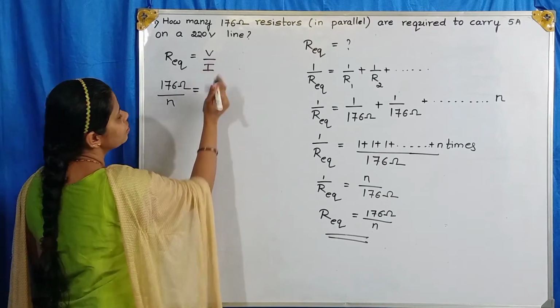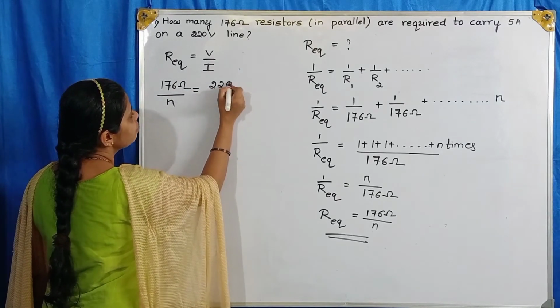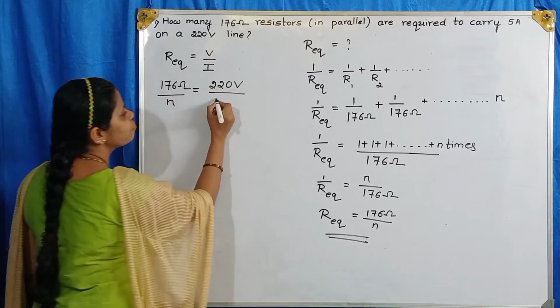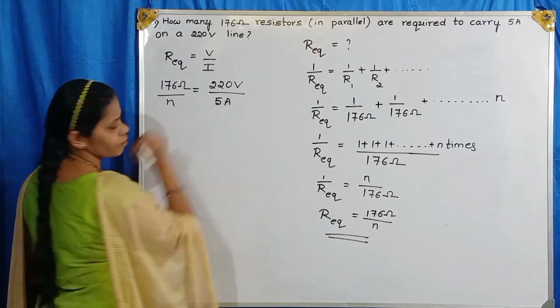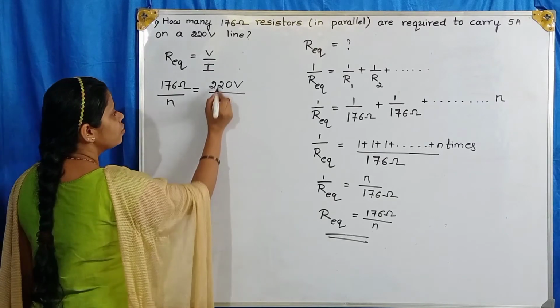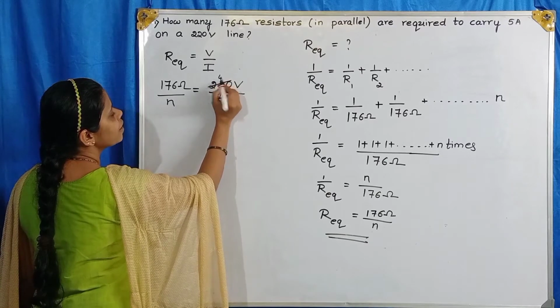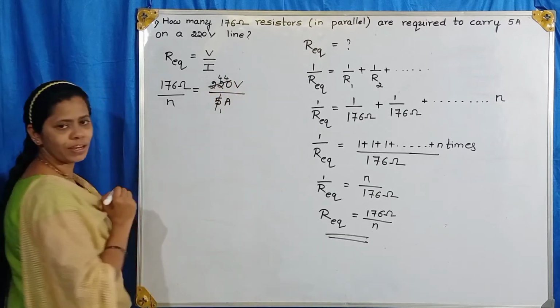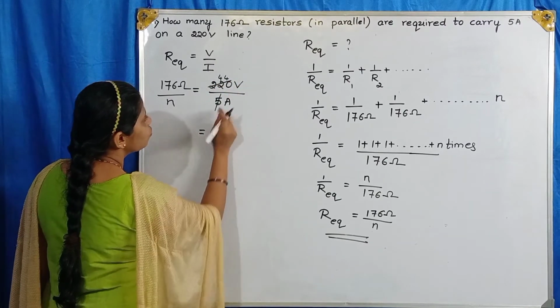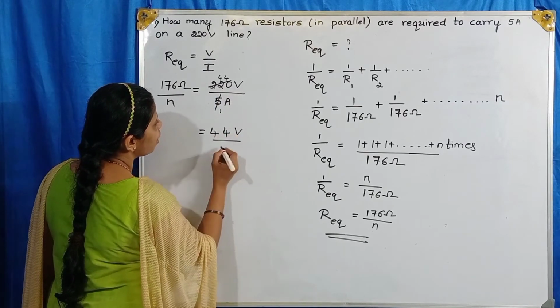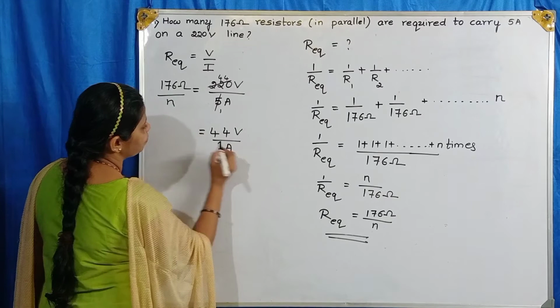And V is how much? 220 volt. Divided by I, which is 5 ampere. Now cancel this. 5 ones are 5, 5 fours are 20, and 5 fours are 20. And it is 44 volt divided by ampere.